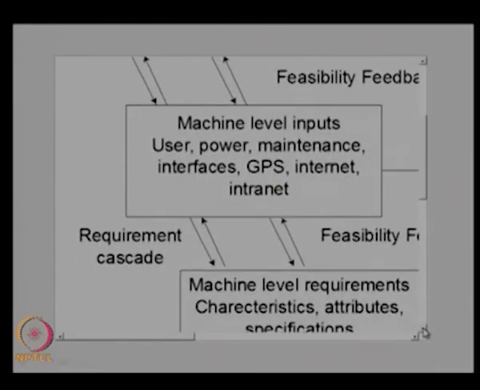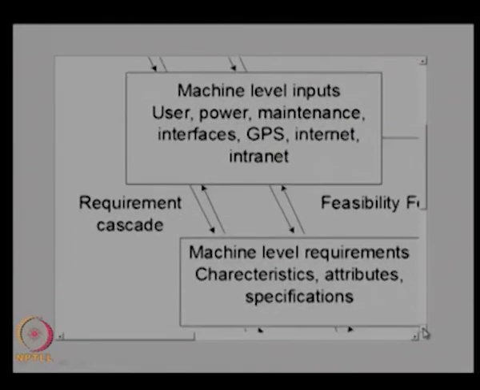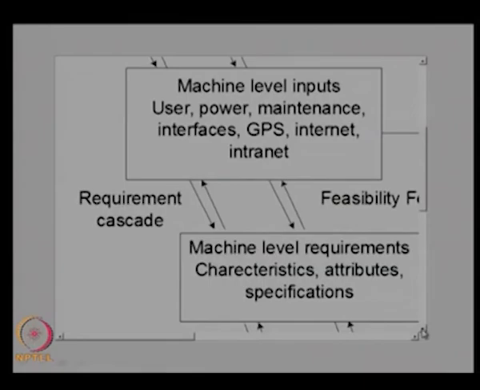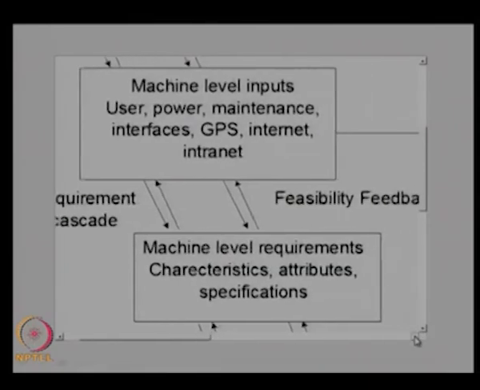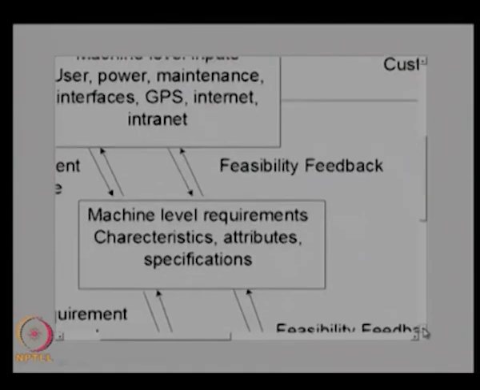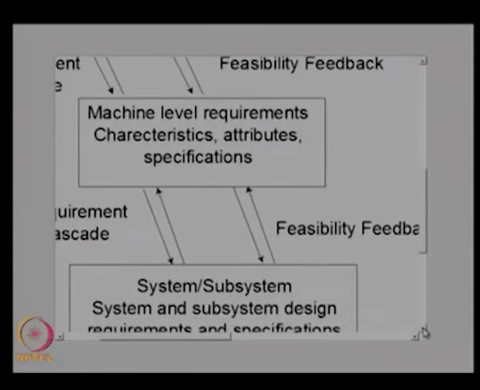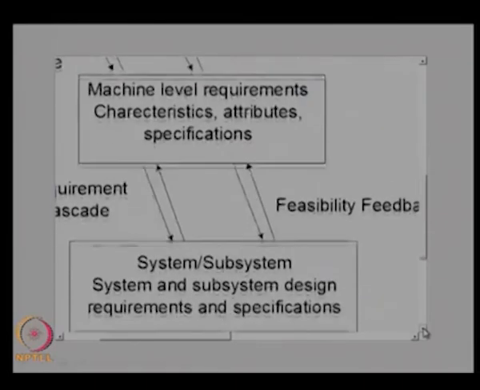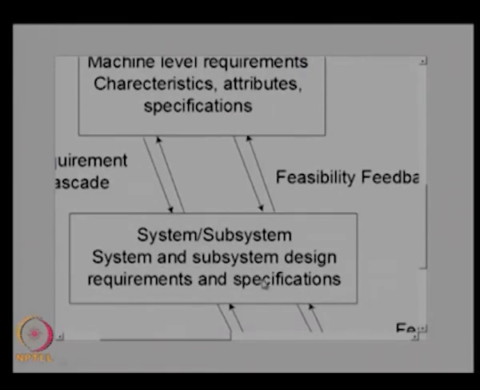Then we go for the requirements of characteristics and attributes and the specifications of the individual components needed. So by defining the system we will be identifying the machine level requirements and the characteristics and attributes of various components, then their specifications, and then we go for the system or subsystem design requirements and specifications.